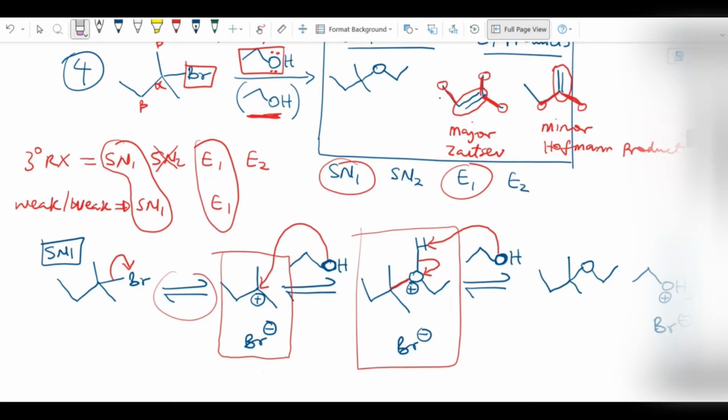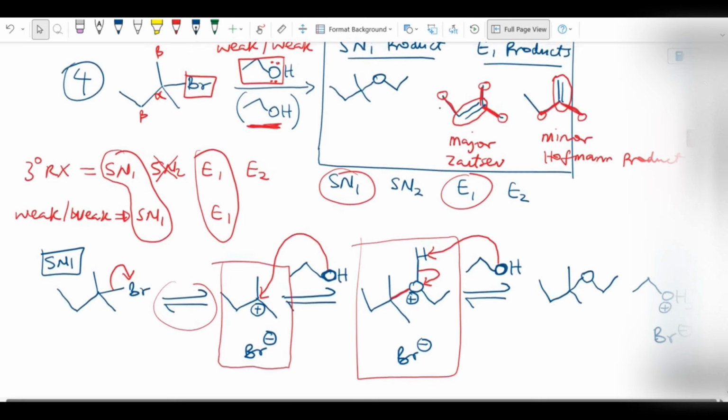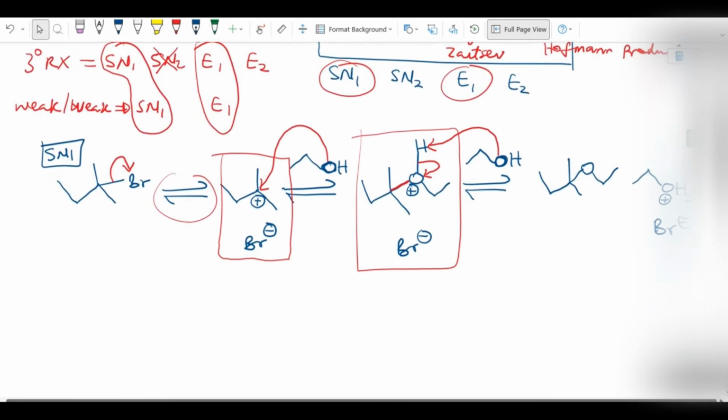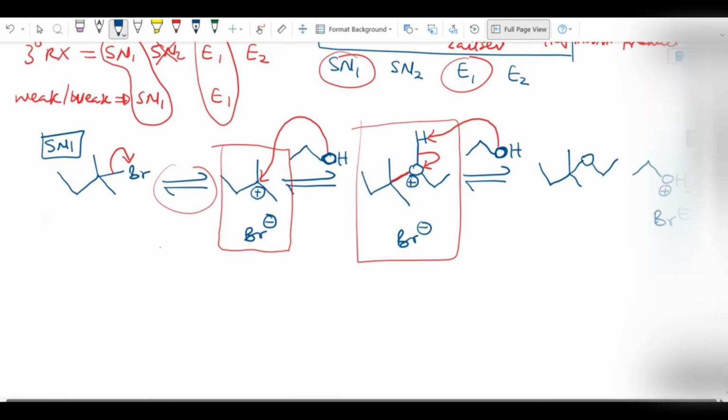So let's now look at the mechanism for the alkenes, for the E1 product. Let's start with the Zaitsev product, how we form the Zaitsev product.